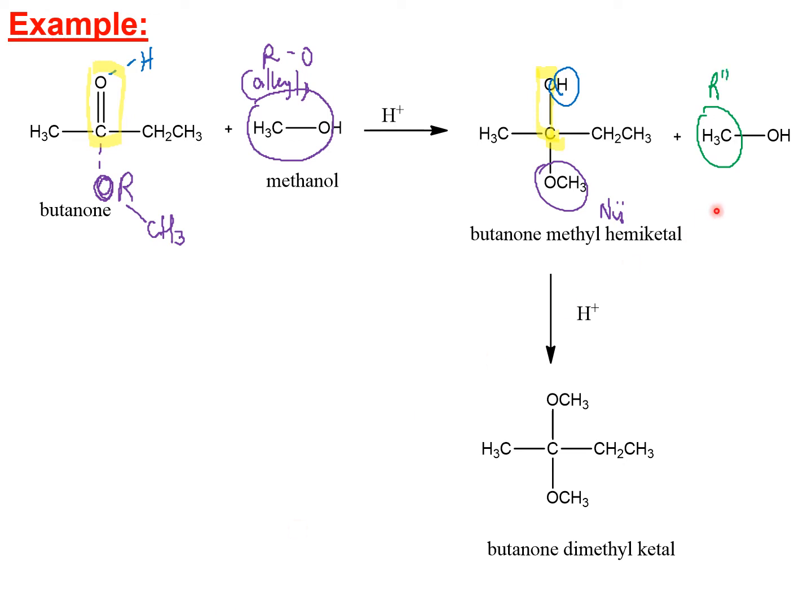Because this is the second alcohol yang dia react with. So basically daripada H ni, dia just gantikan dengan R prime prime. In this case ialah the alkyl group yang attach pada OH ni adalah CH3. So you gantikan saja H dengan CH3, di mana ini adalah rupa bentuk ketal, organic compound. Alright.